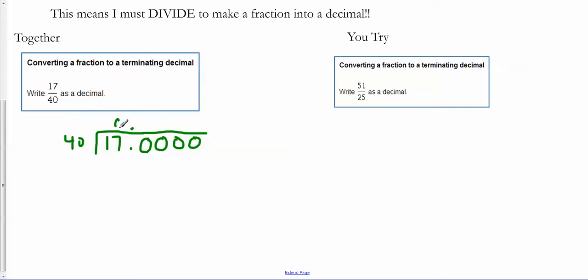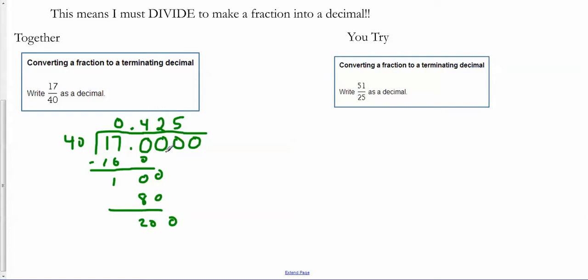Okay, so my answer is less than 1 because it's 0 point something. So now I just divide. Bring down the 0. Bring down my other 0.